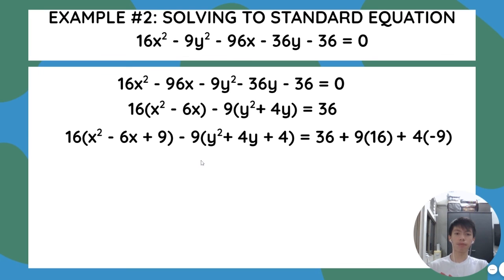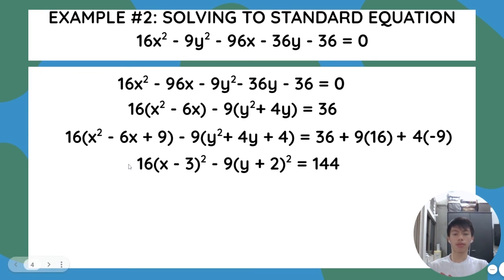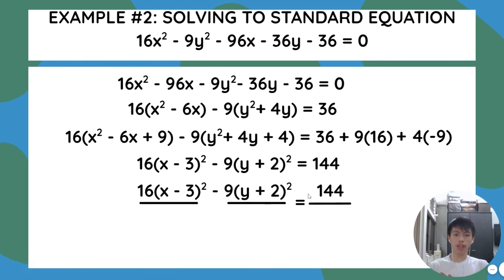Next is to simplify and factor it. We have the factors x squared minus 6x plus 9 and y squared plus 4y plus 4 into this. So 16 times (x minus 3) squared minus 9 times (y plus 2) squared equals 144. We cancel out 36.